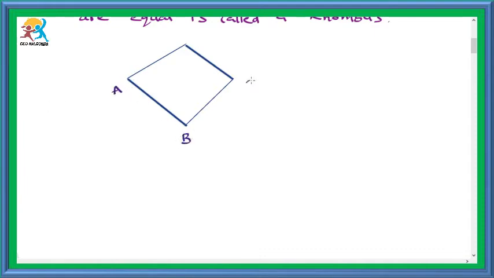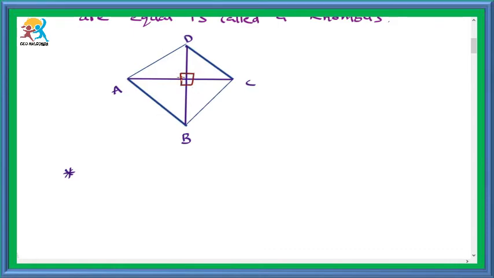A rhombus has a unique property, that is, in the rhombus the diagonals are perpendicularly bisecting. We have to show the angle between the two diagonals as 90 degrees. That is why we want to draw the rhombus like a kite.